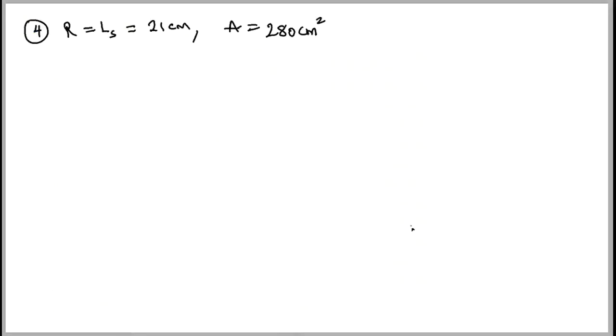Okay, so let's recall the formula for finding the perimeter of a sector. I think in our previous video we did it, that to find the perimeter of a sector, P is equal to theta over 360 times 2 pi r. Yes, this was the formula we saw.